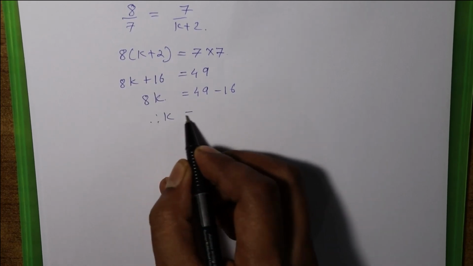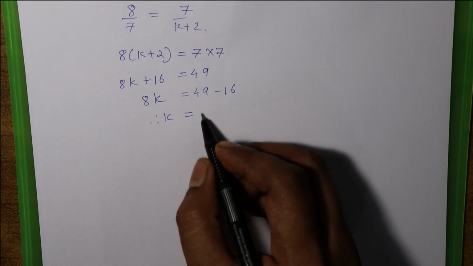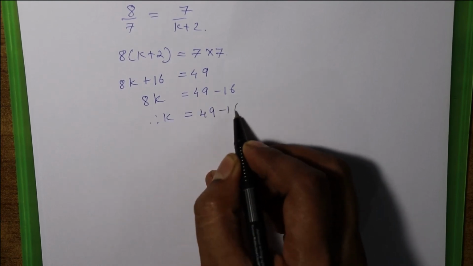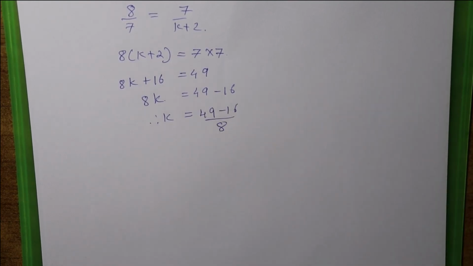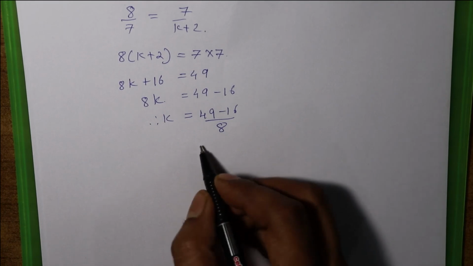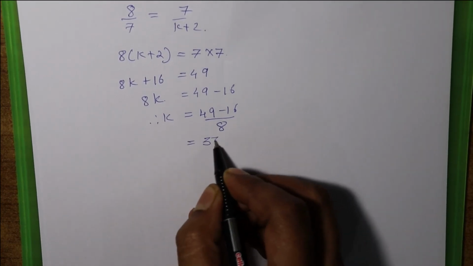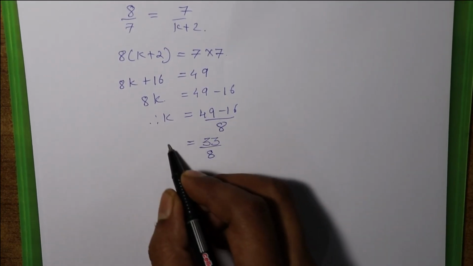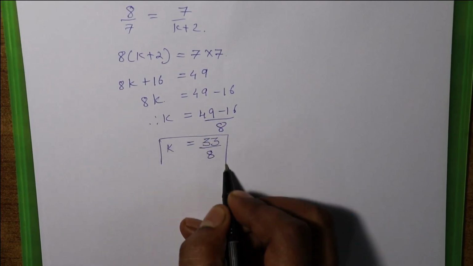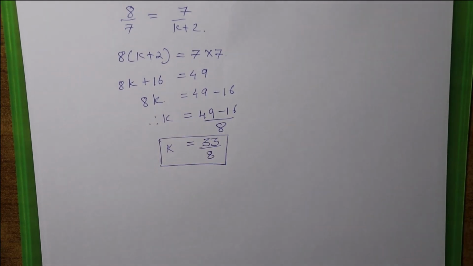Therefore k is equal to 49 minus 16 by 8, which simplifies to 33 by 8. Therefore we got the value of k as 33 by 8, and we found the unknown value k from the given 3 points.